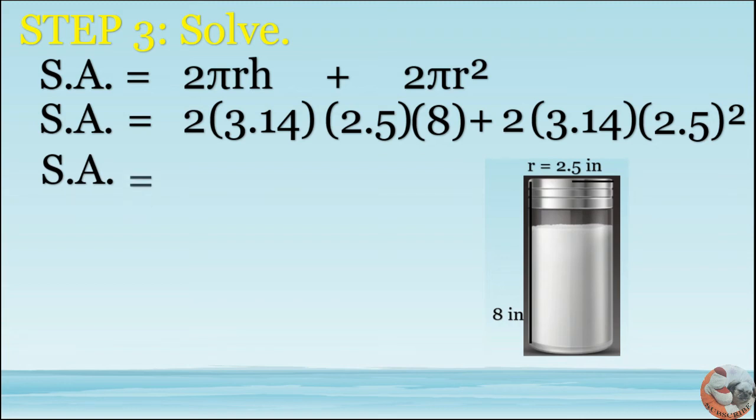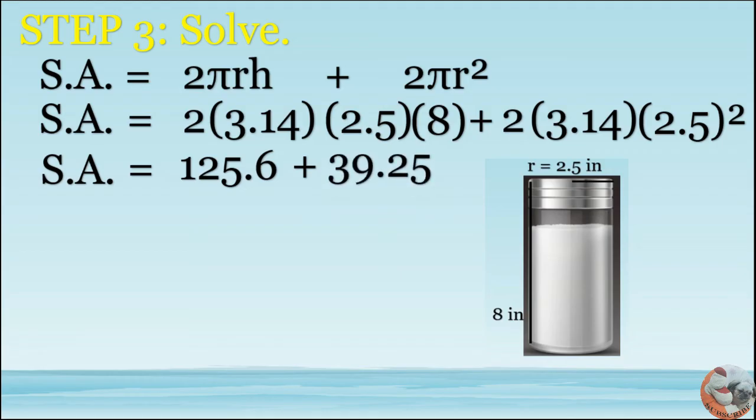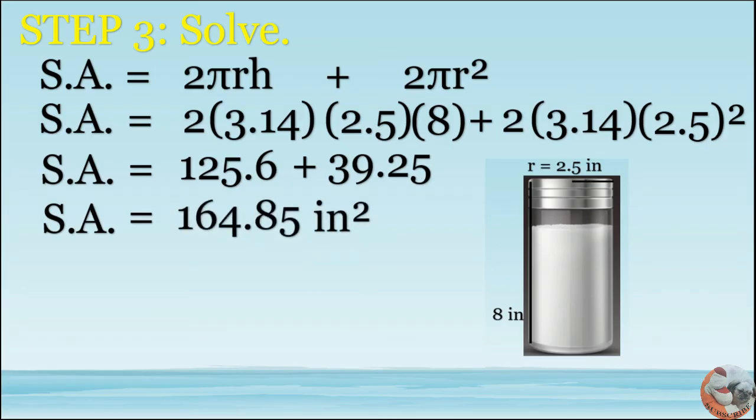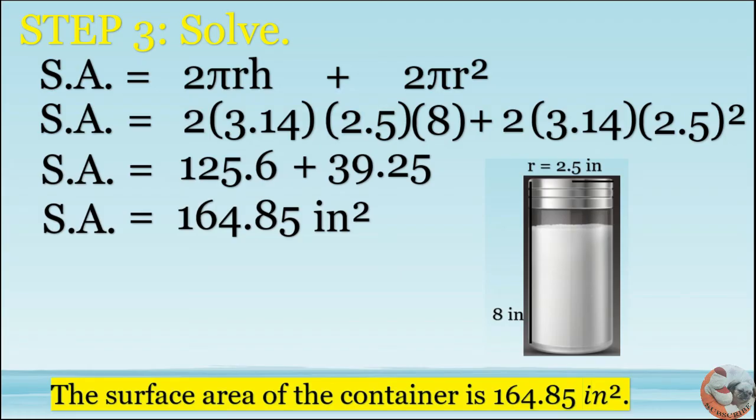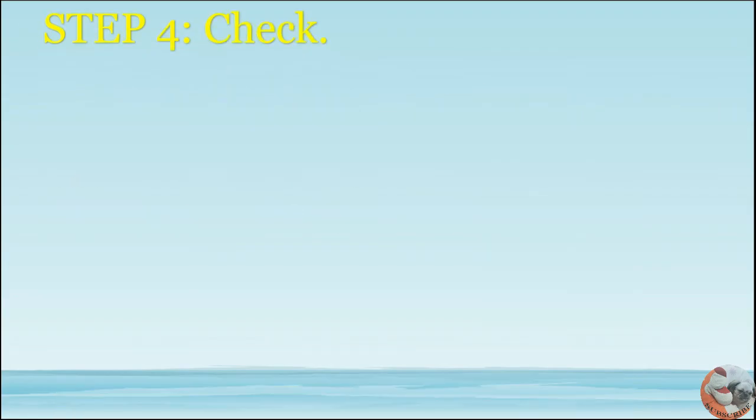Surface area is equal to 125.6 plus 39.25. Surface area is equal to 164.85 square inches. The surface area of the container is 164.85 square inches.